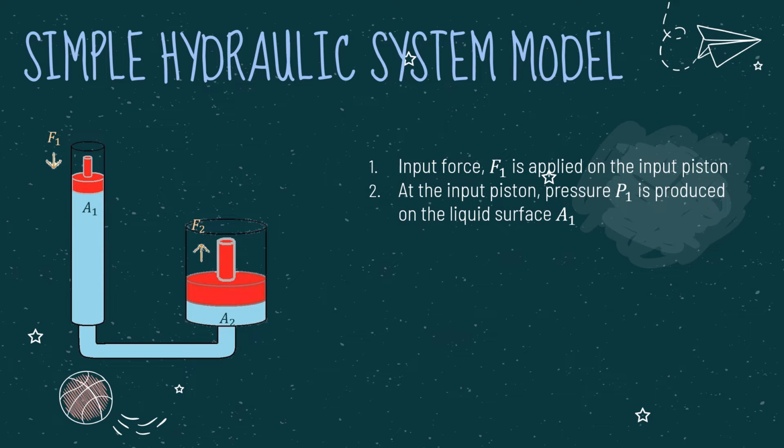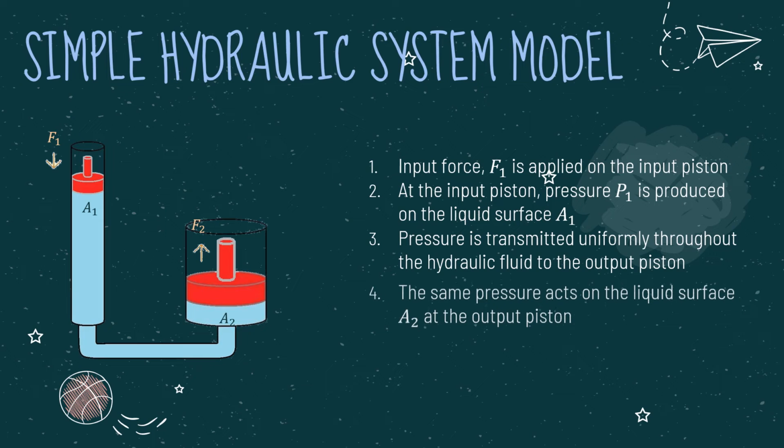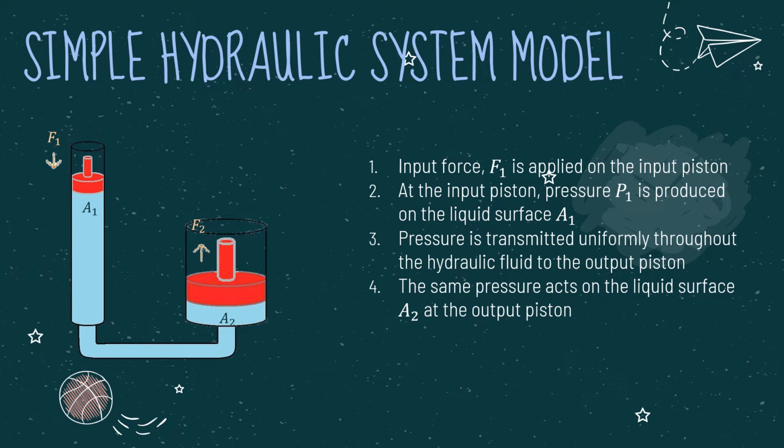At the input piston, pressure P1 is produced on the liquid surface A1. The pressure is transmitted uniformly throughout the hydraulic fluid to the output piston. The same pressure acts on the liquid surface A2 at the output piston. Output force F2 acts on the output piston.